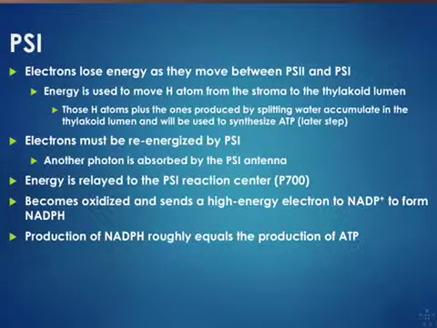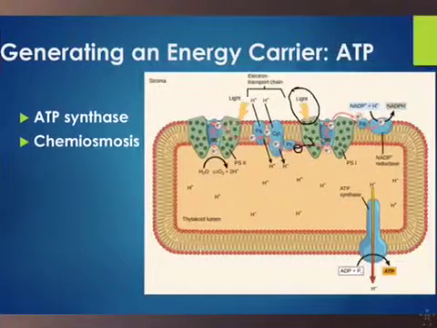Let's see, energy is relayed to the PS1 reaction center, which is called P700. It becomes oxidized and sends high energy electrons to NADP plus to form NADPH. Then we produce NADPH roughly at the same rate as we produce ATP.